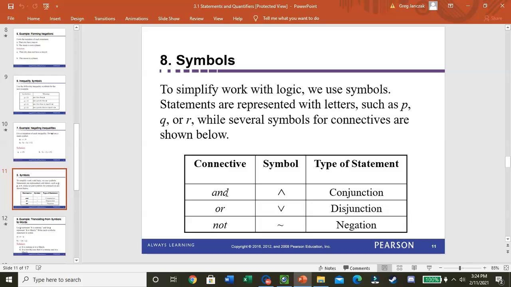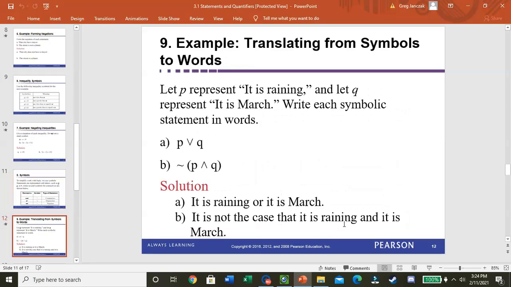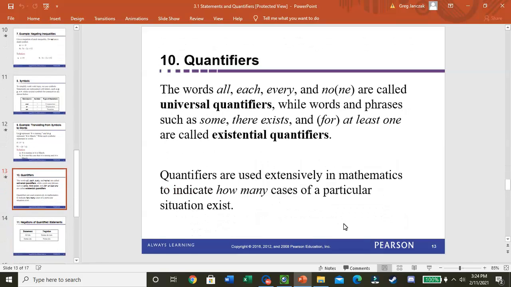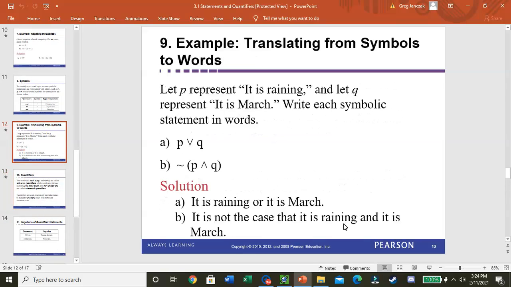So and means both. Or means one or the other, so that's going to be a V looking symbol, and that's a disjunction. Not, you have this tilde looking symbol, and that's a negation.